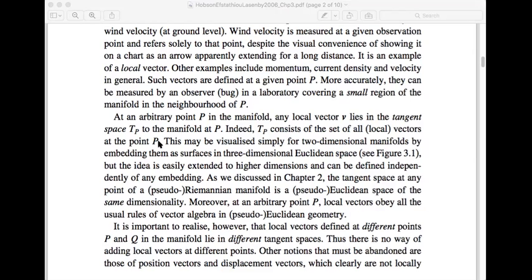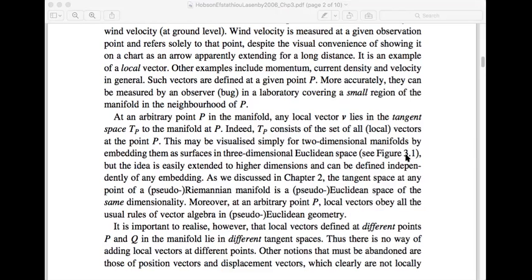And if it's a plane, then it's a two-dimensional vector space. This may be visualized simply for two-dimensional manifolds by embedding them as surfaces in a three-dimensional Euclidean space.